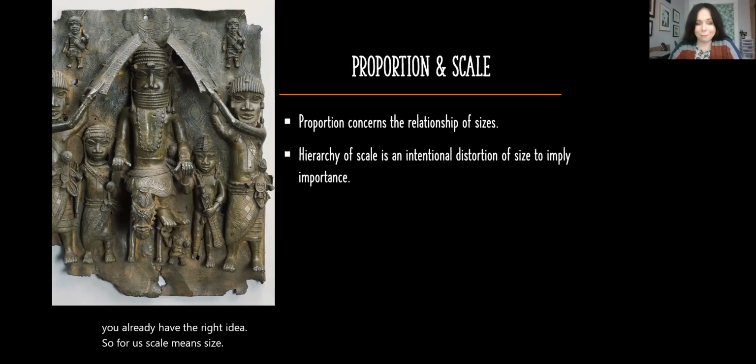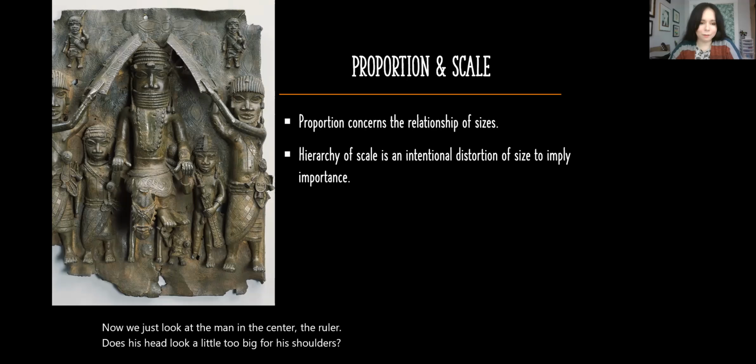The size of a king relative to his attendants, here in a Nigerian example. Also, the relationship of the king's head to the rest of his body. Now, if we just look at the man in the center, the ruler, does his head look a little too big for his shoulders?